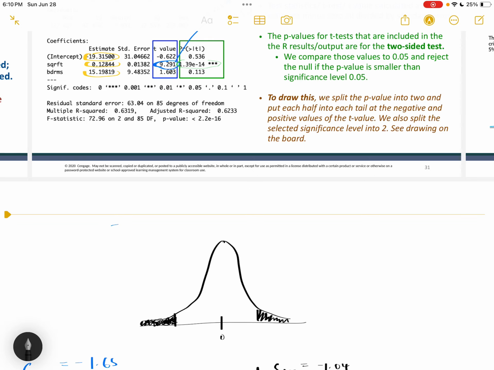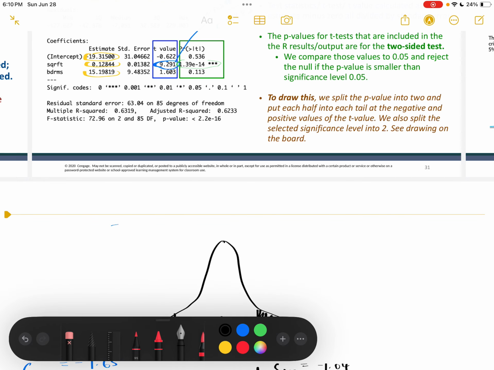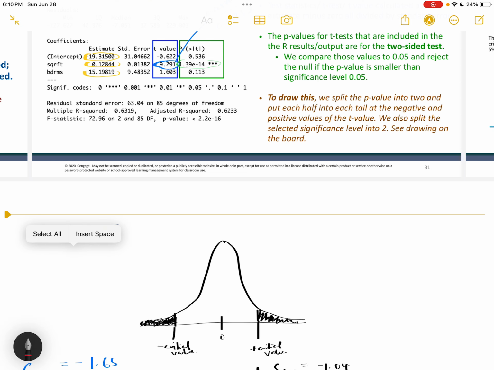Assuming this is your shaded area, and I'm going to do it not super precisely, but so that it makes sense for everything we are trying to do in a two-sided test. This is the shaded region in which your critical value, so plus critical value, and here minus critical value.